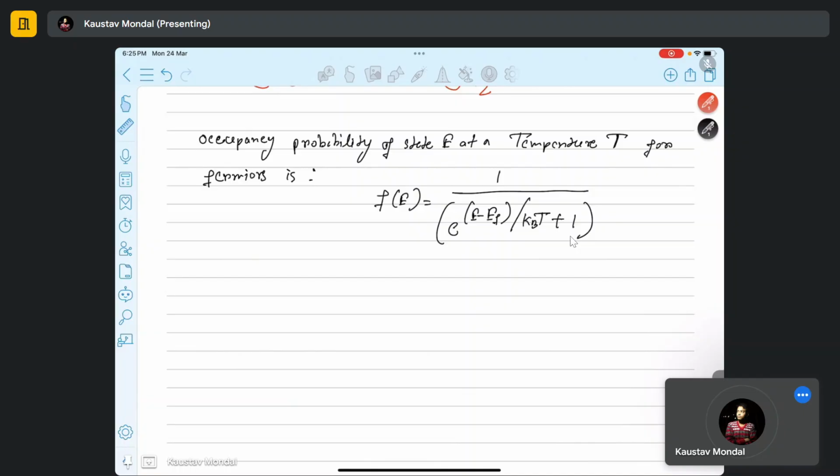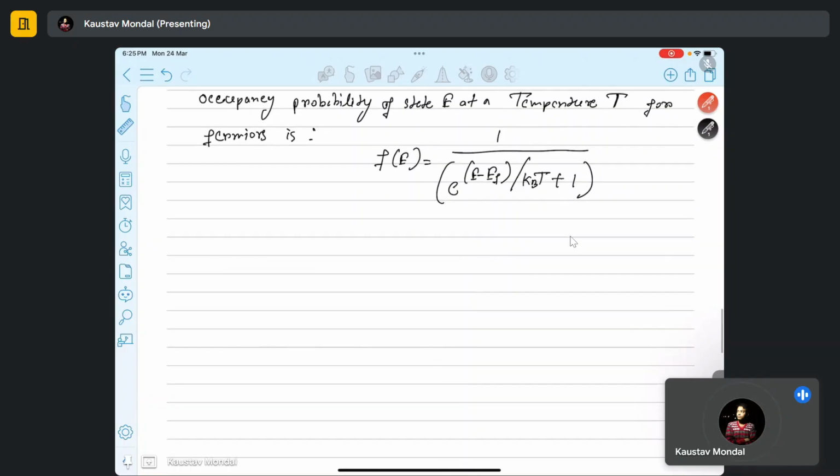This is basically the occupation probability. E_F is the Fermi energy here. Fermi energy. Okay.